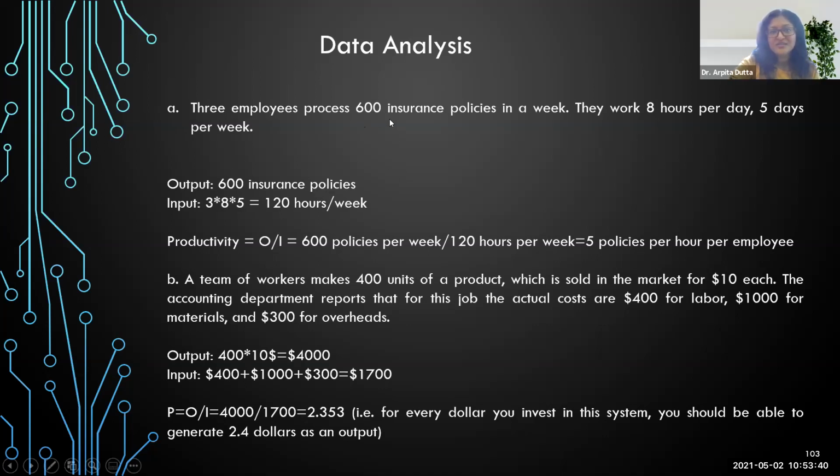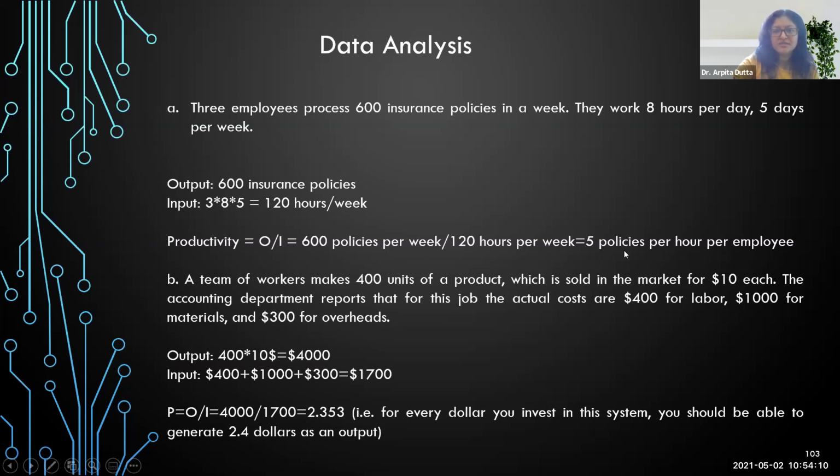Three employees process 600 insurance policies in a week. They work 8 hours per day, 5 days per week. So output is total 600 insurance policies. Input is 8 into 5 into 3. So 120 hours is invested by total 3 people per week.